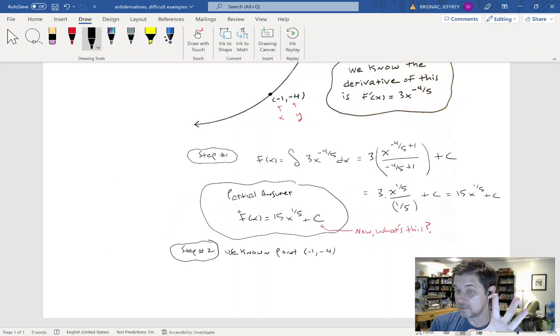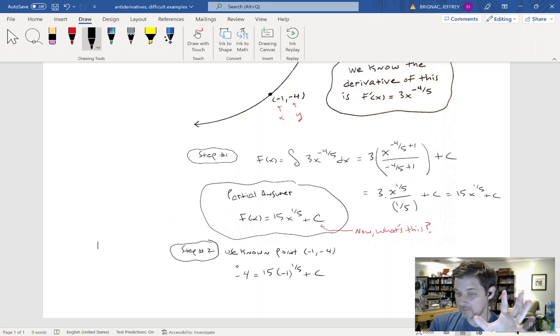So it means in this equation, the equation for the curve, I will get -4 for y if I put in -1 for x. And that will be just enough information to find this unknown constant of integration. All we know is that it is a constant. It doesn't reveal itself on its own, but if I use this known point, I'll find it.